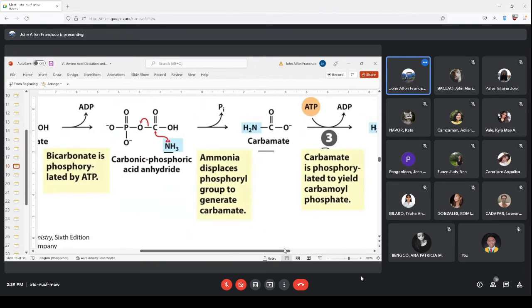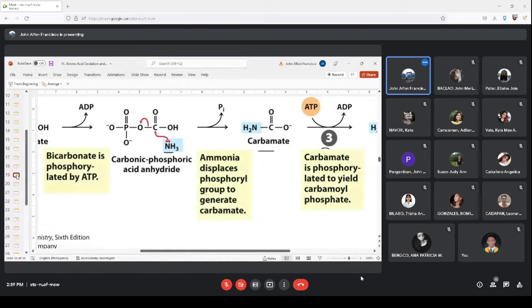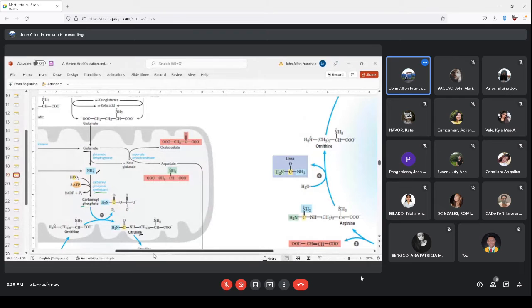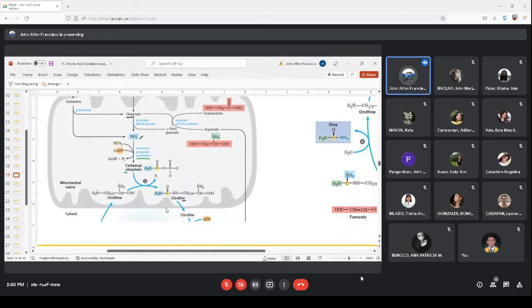Carbamate phosphate. Mali. So, yung carbamyl phosphate. And H2. Sino ba? Ito pala. Meron pa. Ito pala. Carbamyl phosphate. Carbamyl phosphate reacts with ornithine.